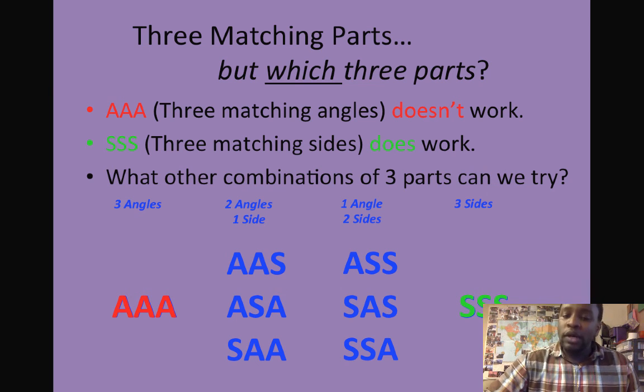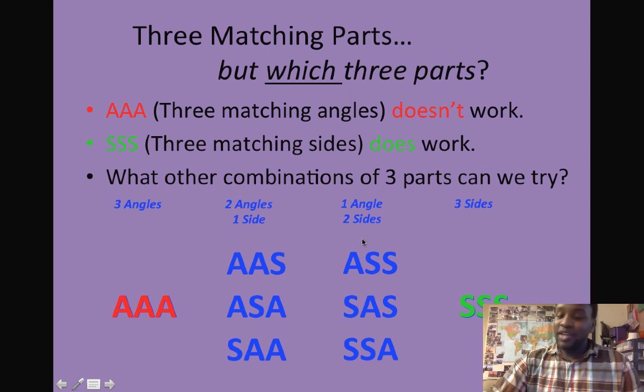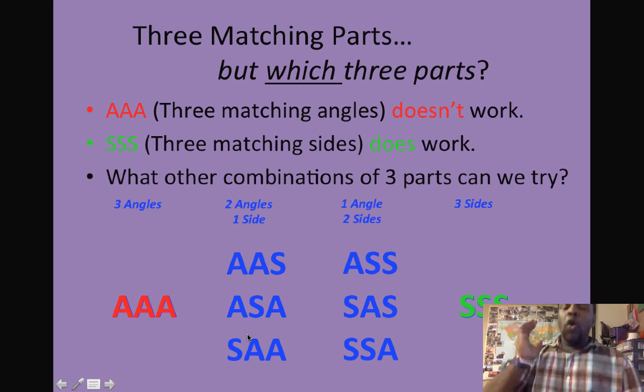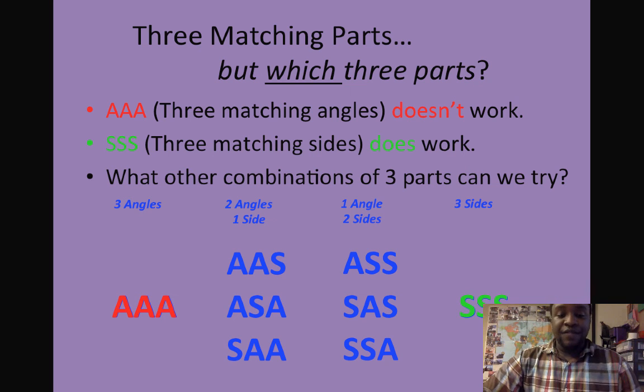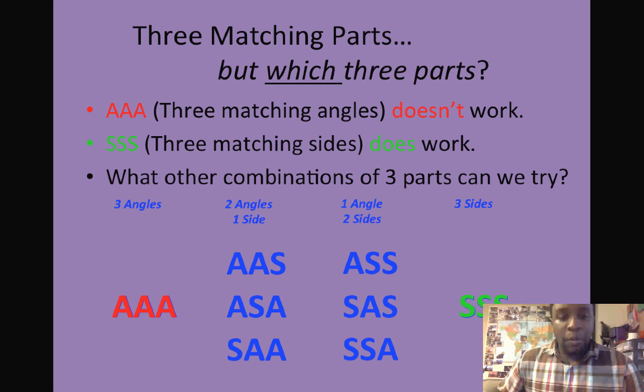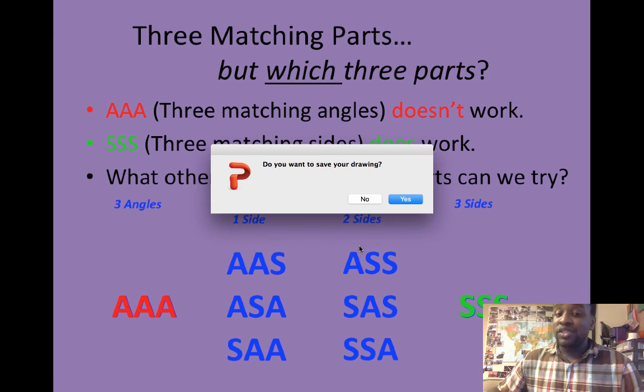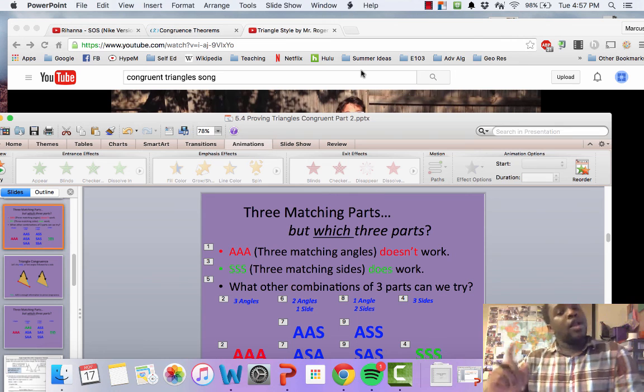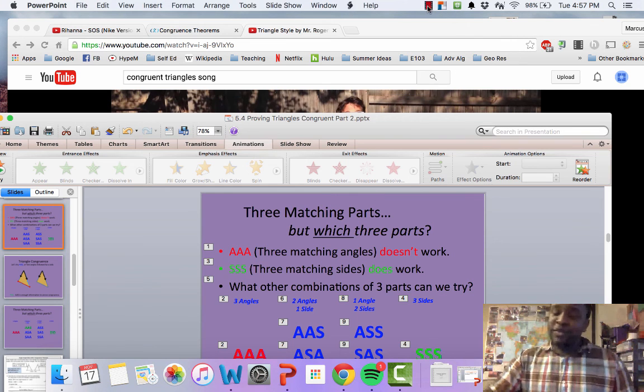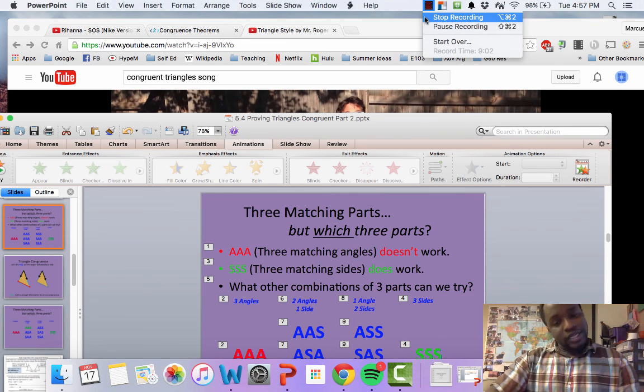And what about 1 angle and 2 sides? Angle, side, side, or side, side, angle. So in the next video, we will investigate these 6 to figure out which ones prove congruencies and which ones don't. You may be surprised, not all of them work, but some of them do. All right, go on to the next video to find out more.